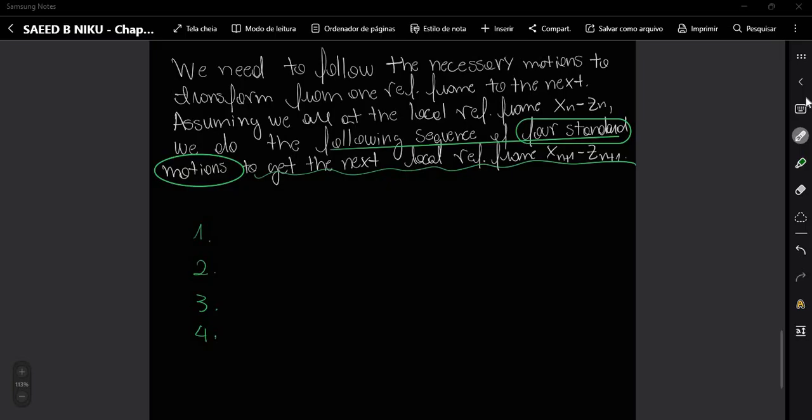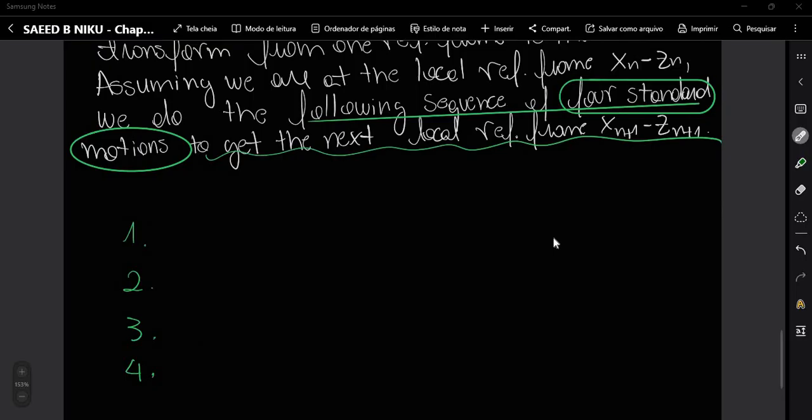local reference frame. So remember that the objective of these motions, the sequence of four motions, is to pass to the following reference frame.